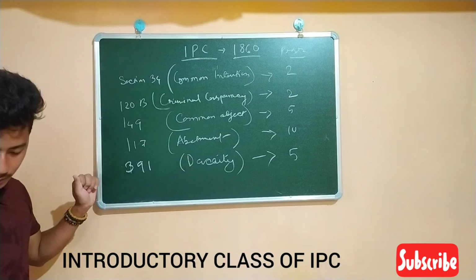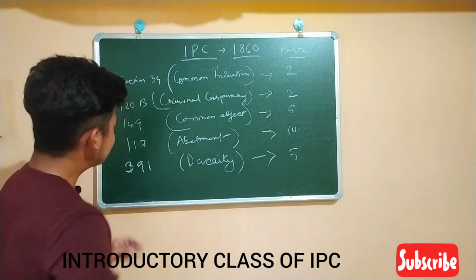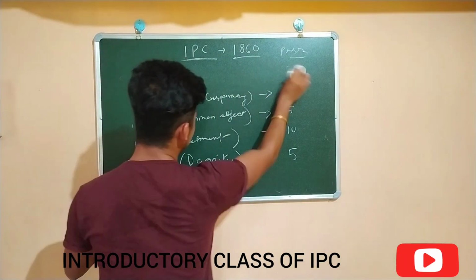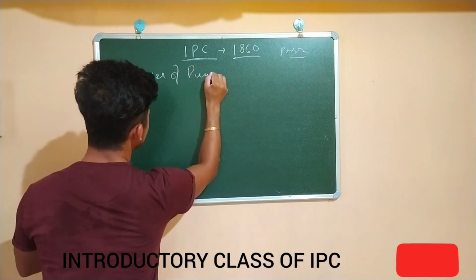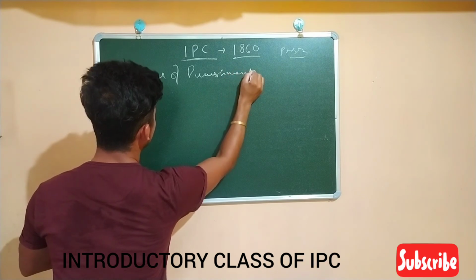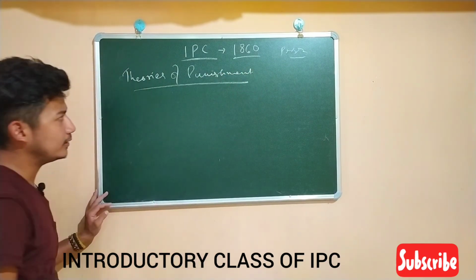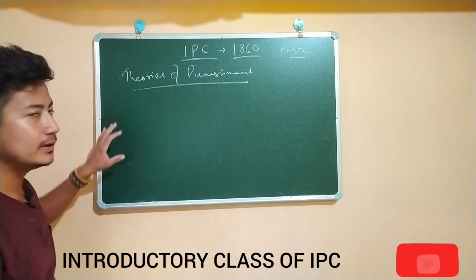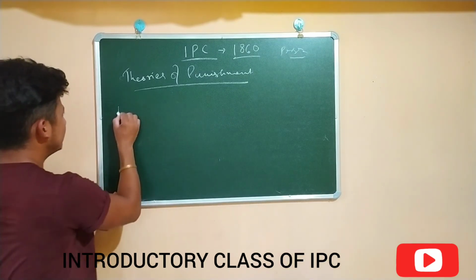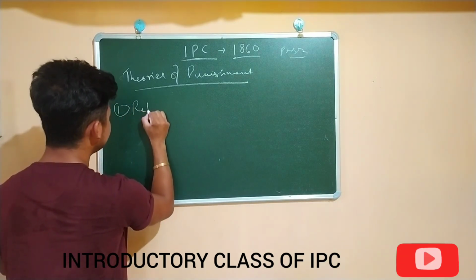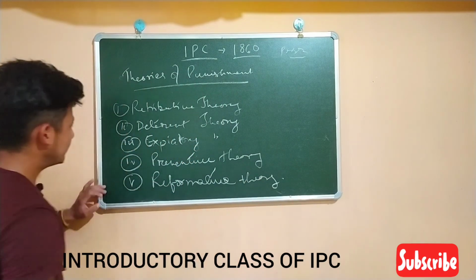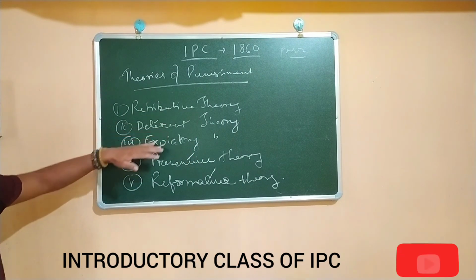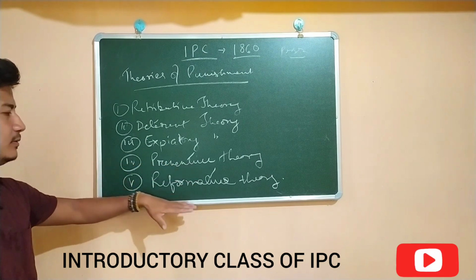There are also certain theories of punishment. We will look into it also. It means on which theory the punishments are given. There are a total of 5 theories: retributive theory, deterrent theory, expiatory theory, preventive theory, and reformative theory.